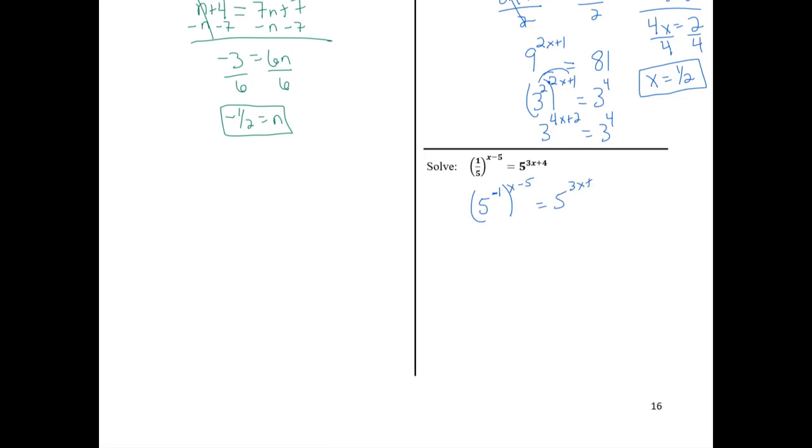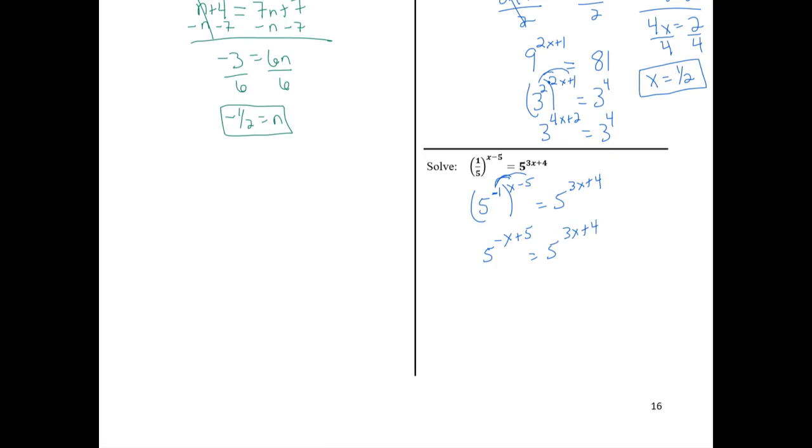And on the left-hand side, again, I took the reciprocal, that made the exponent negative, and now it's a power to a power, and I need to multiply, remembering to distribute. So now I have 5 to the negative x, because of negative 1 times x, plus 5, because of negative 1 times negative 5.